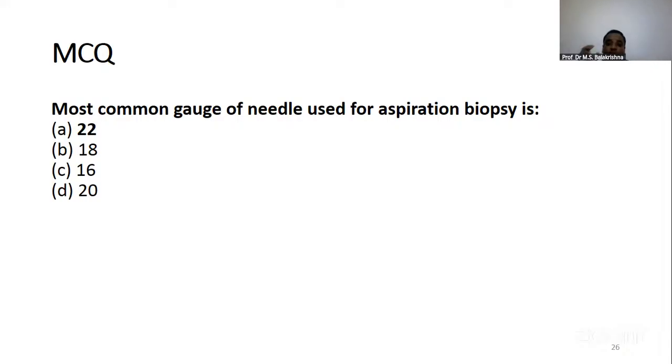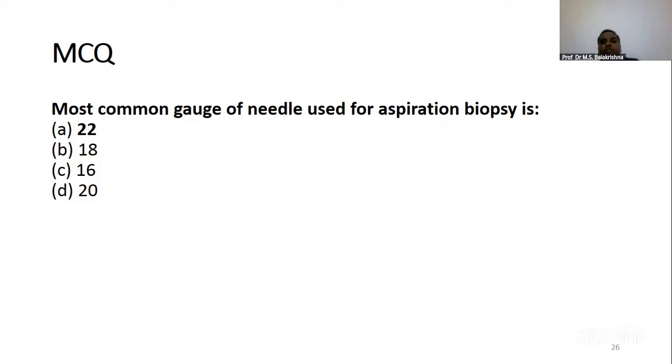I'm talking about 22 to 25. Advantages: there is minimal trauma, less bleeding, and better cell yield. Whereas 14 to 18 gauge is used for core needle or Tru-Cut biopsy for larger lesions when cytology is insufficient. So answer is 22 to 25.